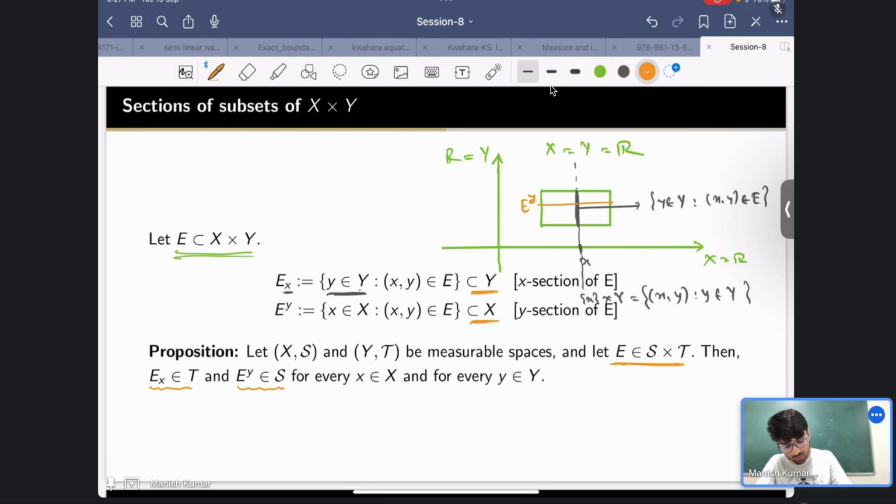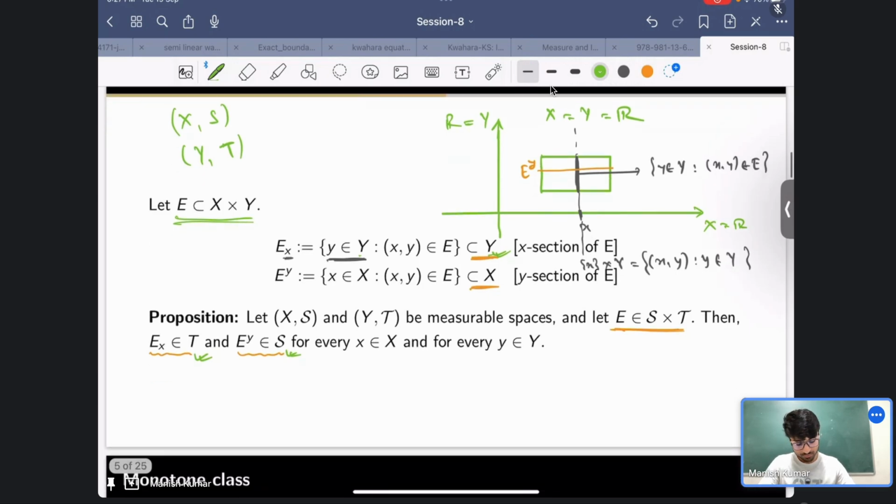So if you recall, the sigma algebra associated to X was S and associated to Y was T. So that's why corresponding to this Y, this E_x belongs to T and this E_y belongs to S. Okay, so this is a result for the sections of this subset.